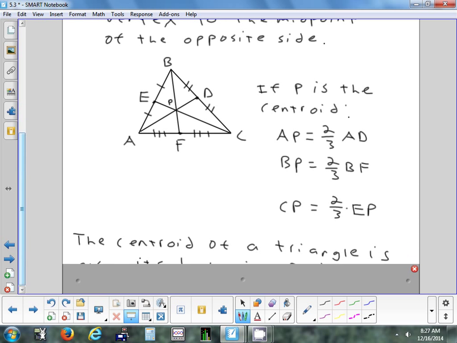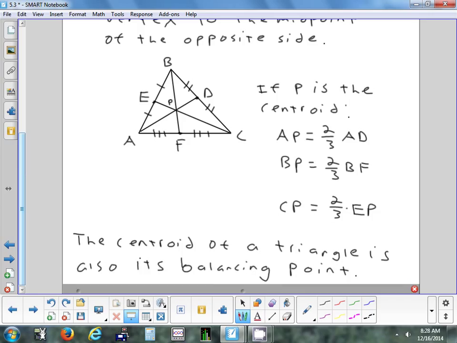And here's what the centroid is physically. It's its balancing point. So if you were to take this triangle, cut it out, and you wanted to balance it on your finger, what you would do is put your finger right on the centroid, and that's where the triangle would balance. Now, that does make a few assumptions that simplify the problem. We're assuming this triangle is made out of a material that's uniform.